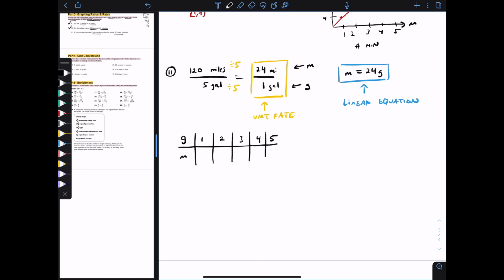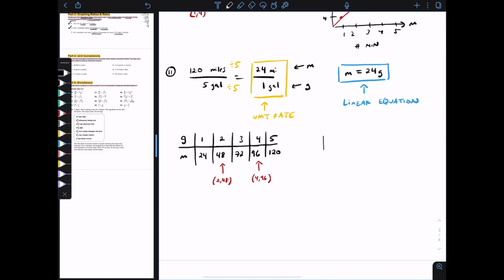Then if we have 1 gallon, that'll be 24, 2 gallons is 48, 3 gallons, 72, 4 gallons, 96, 5 gallons, 120, which is the rate that we were originally given, okay? If you're wanting to look at some ordered pairs, here's an example, 2 comma 48, that's an ordered pair. Something like 4 comma 96, that's also a nice ordered pair you could use.